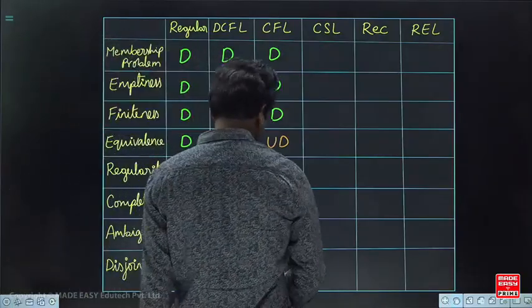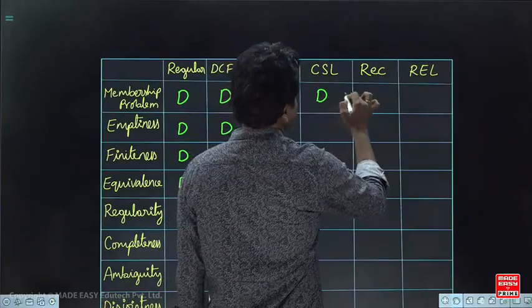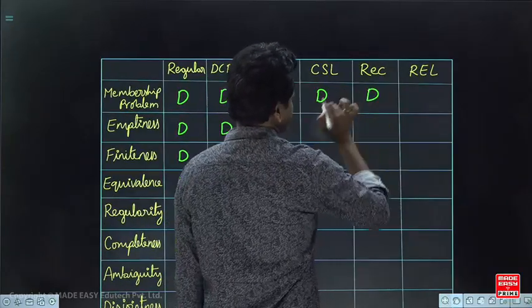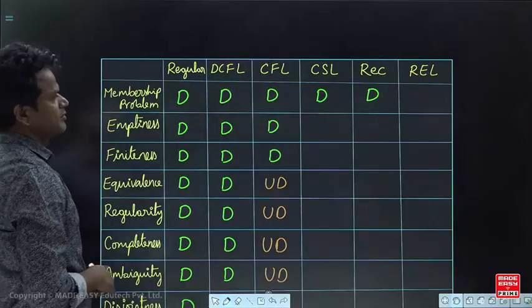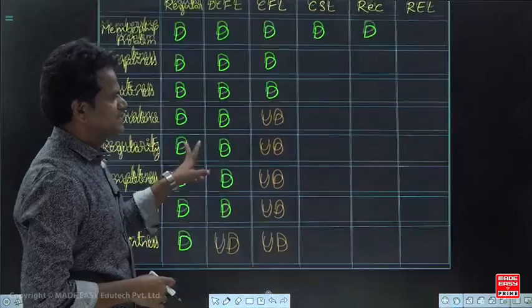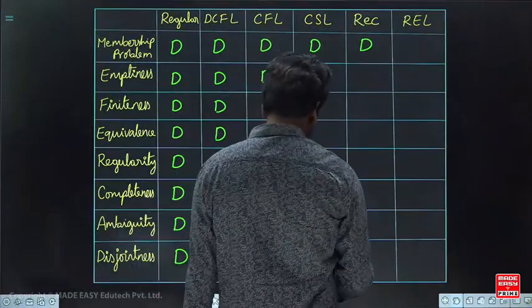Coming to CSL and REC, only the membership problem is decidable. Membership problem of CSL is decidable, membership problem of REC is decidable, and except this, nothing is decidable. All are undecidable.